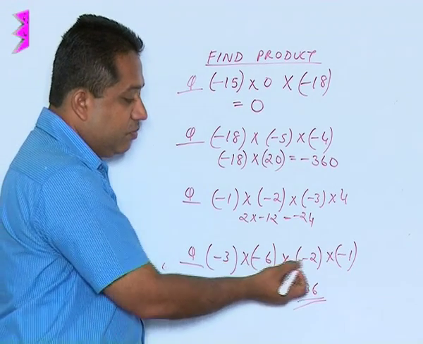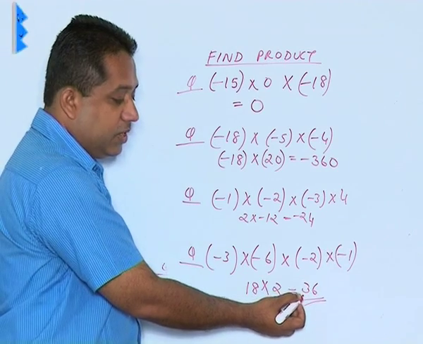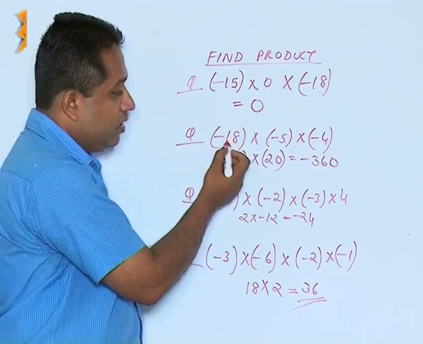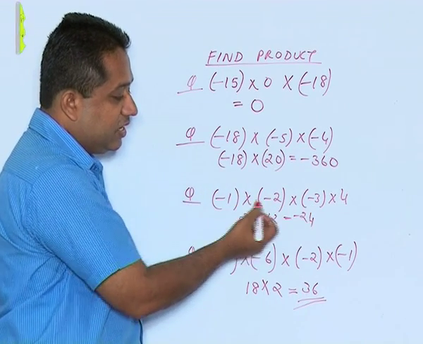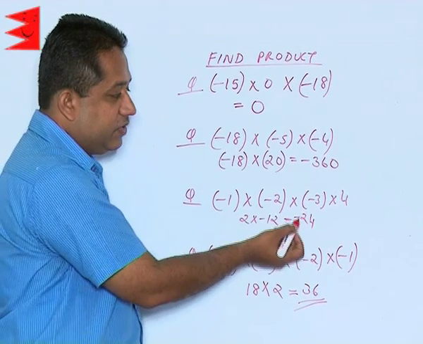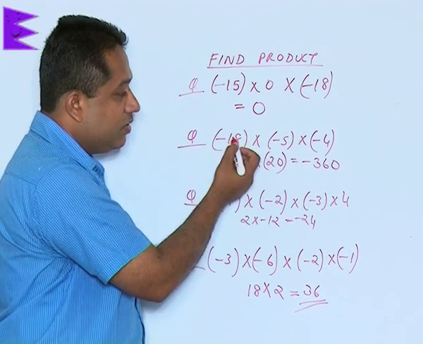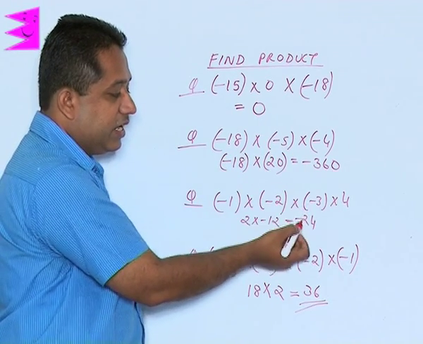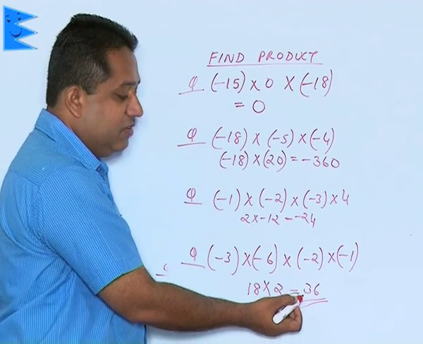If there are even number of negative signs, then we can say the final answer will also be positive. But as in this question we saw, in this also we saw there are 3 negative signs. If there are 3 negative signs, the final answer we saw is negative, because 3 is an odd number. So, if there are odd number of negative signs, the final result will be negative. So, we have to multiply the numbers and put the sign very carefully.